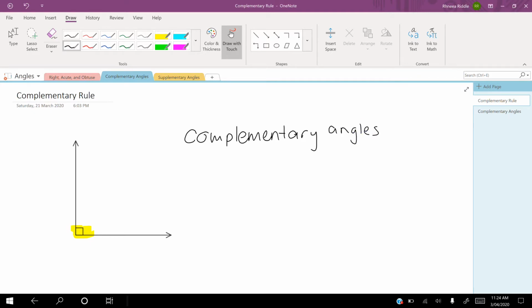So what we have is this rule called the complementary rule, named after the angles, and it is where two angles add up to make a 90-degree angle.